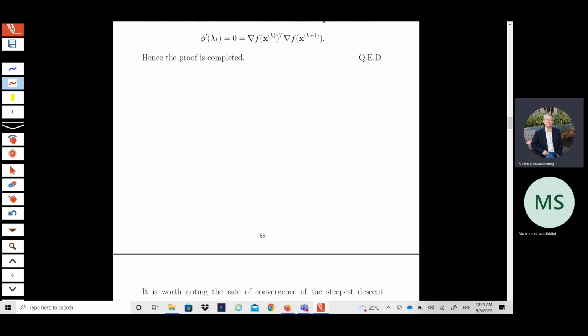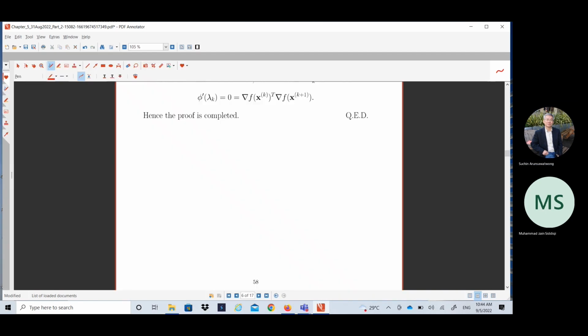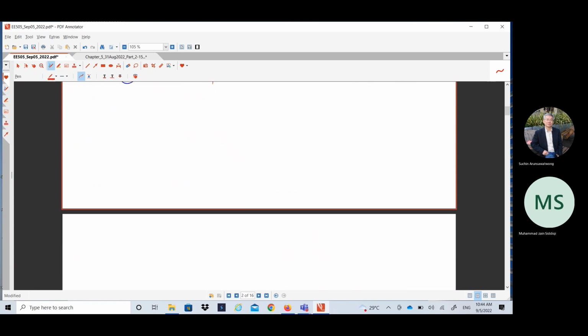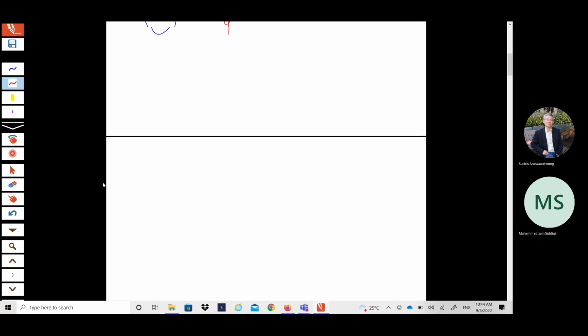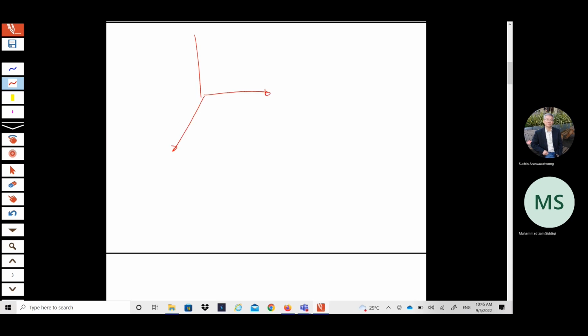Before we do this, let me draw a picture. In a two-dimensional problem, you can represent f(x) in a three-dimensional space.